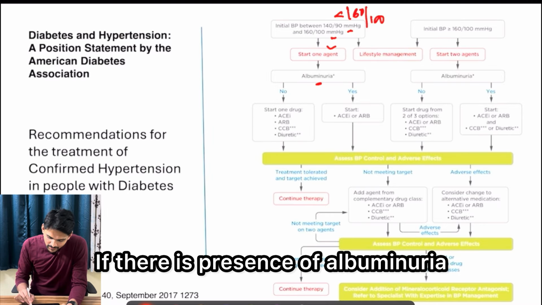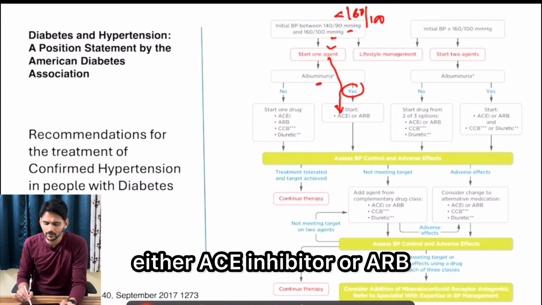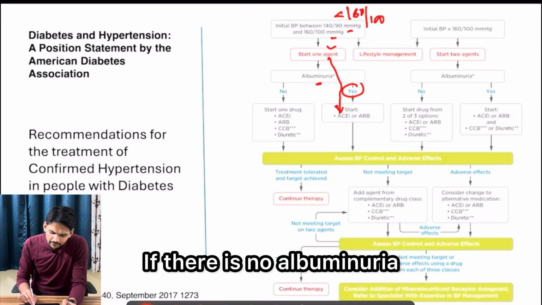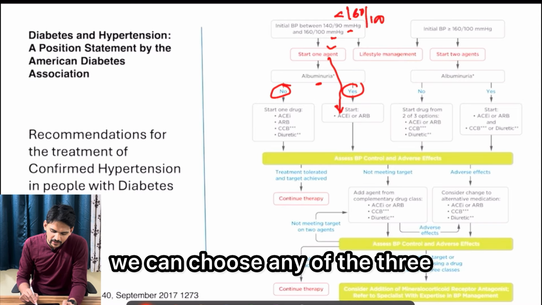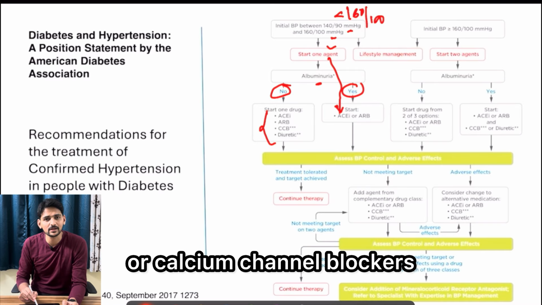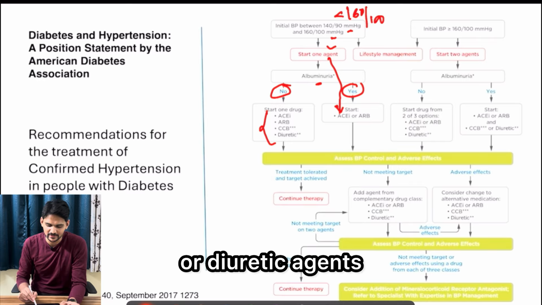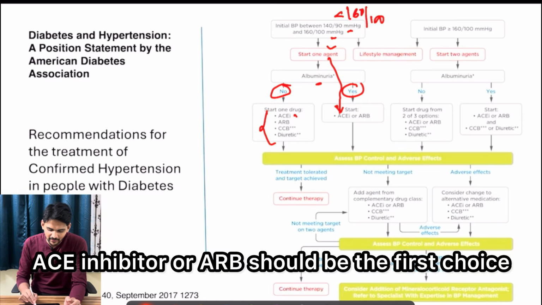If there is presence of albuminuria, that one agent should be a RAS inhibitor, either ACE inhibitor or ARB. If there is no albuminuria, we can choose any of the 3, either RAS inhibitors or calcium channel blockers or diuretic agents. But ideally, even in that case, ACE inhibitor or ARB should be the first choice.